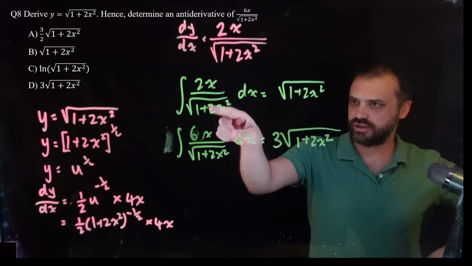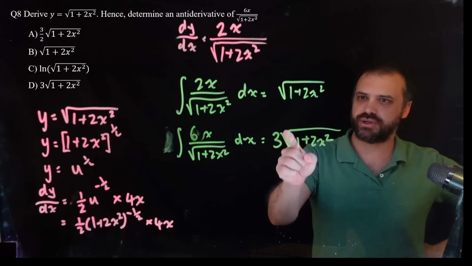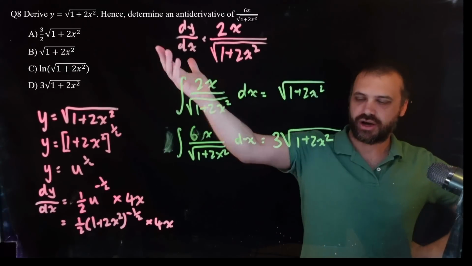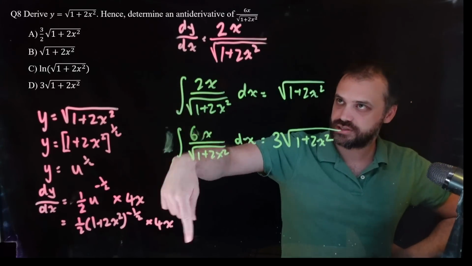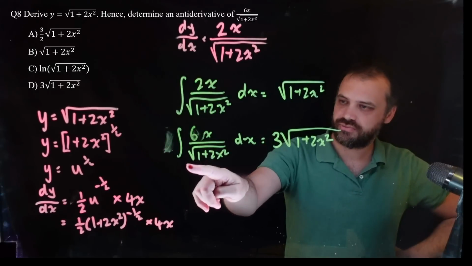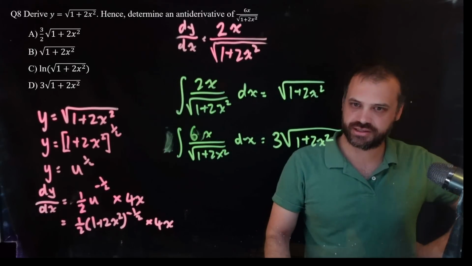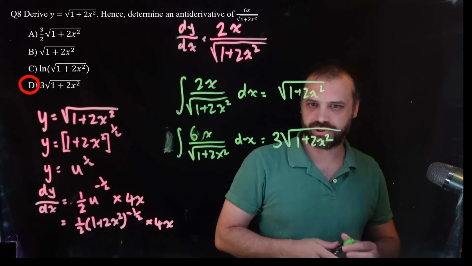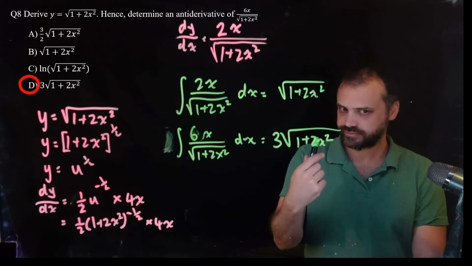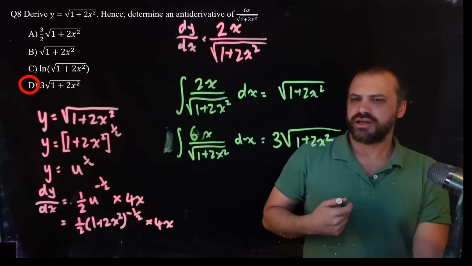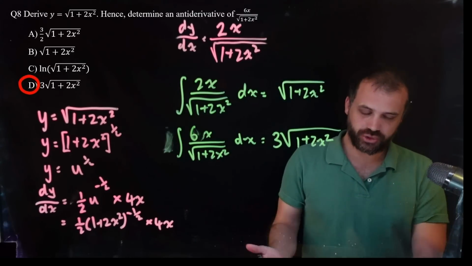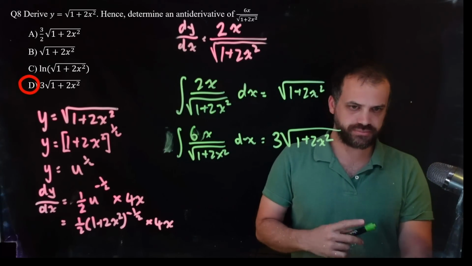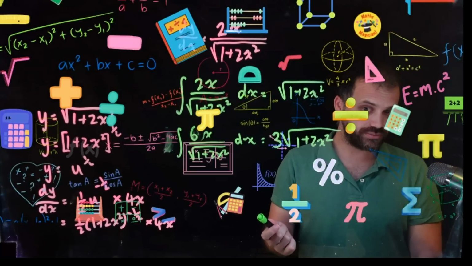So the integral of 6x over root 1 plus 2x squared equals 3 square root 1 plus 2x squared. I've done my job. Derived this, hence found out what the integral of that is. My answer is 3 square root 1 plus 2x squared. Proof by recognition could be a multiple choice question, could be a short response question. There's a bit in there. Okay, let's move on to the short responses.